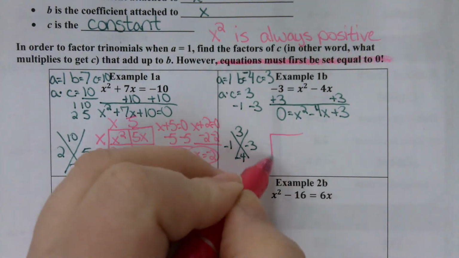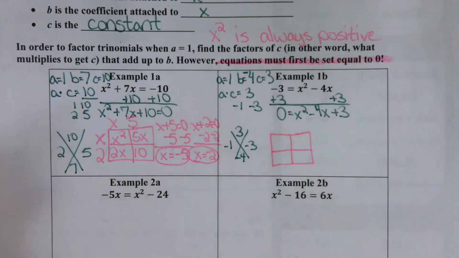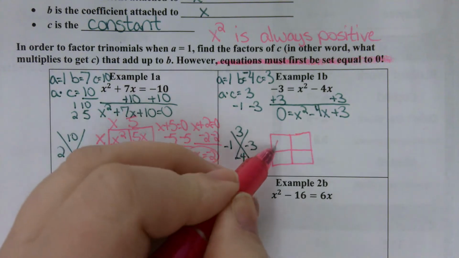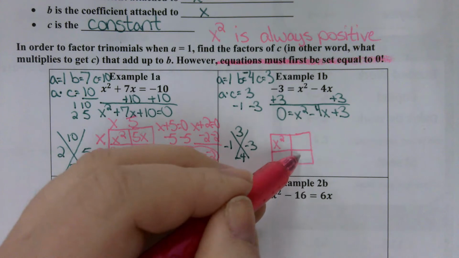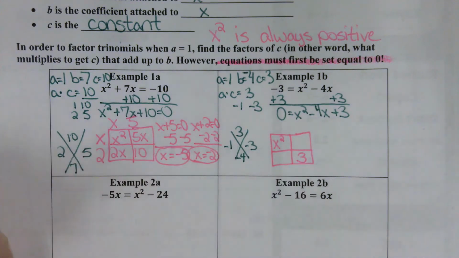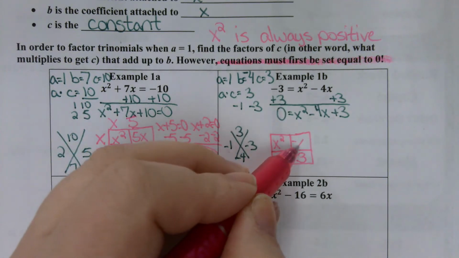We'll draw our box. And in the first box, we'll have x squared, our first term. In the last box, we'll have 3. That's our last term. And -1x and -3x will make up our final 2 boxes.